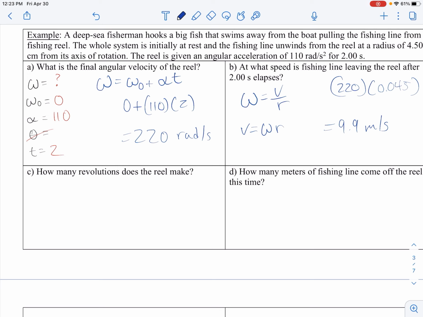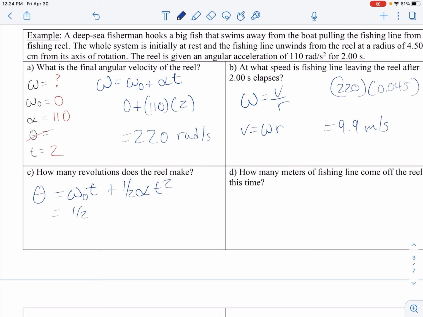All right, how many revolutions does it make? Let's use the rotational angle formula. So what's our starting initial plus 1/2 acceleration times time squared. We know the initial velocity is 0, so we can ignore that.